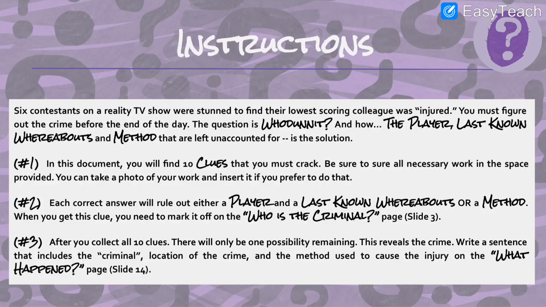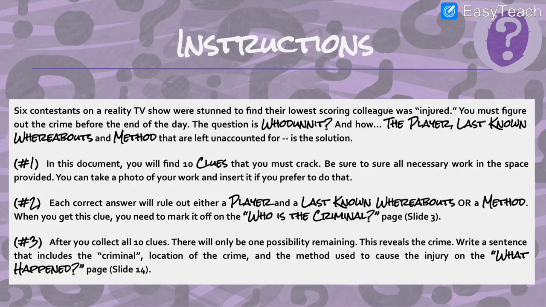Each correct answer that you find from your clue will rule out either a player, a last known whereabouts, or a method. When you get an answer, you have to mark it off on the Who is the Criminal page on slide 3. Every time you do a clue, you will go back to slide 3 and mark off the player, whereabouts, or method that you found.